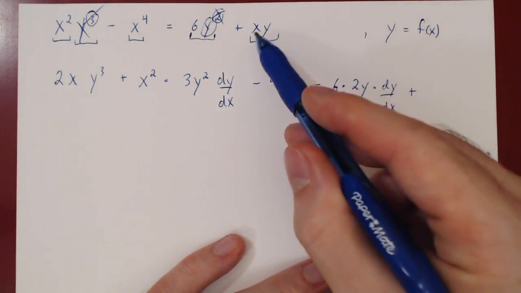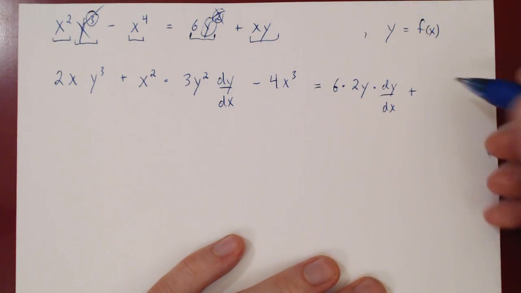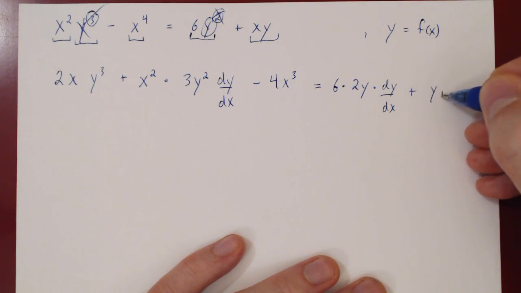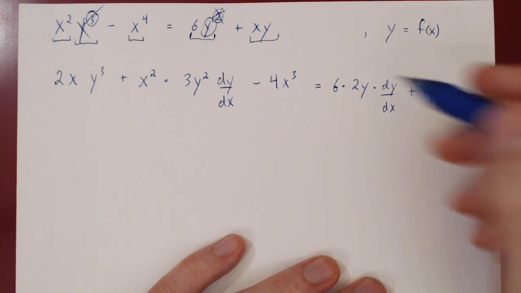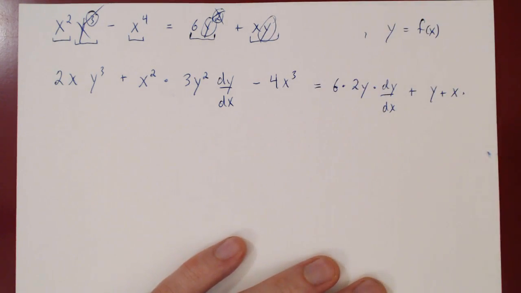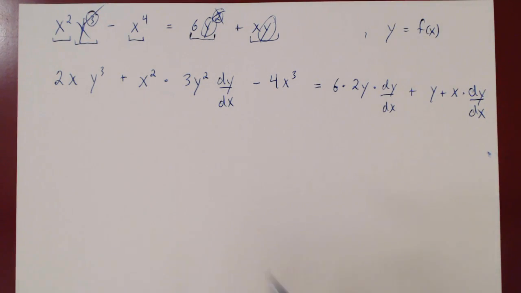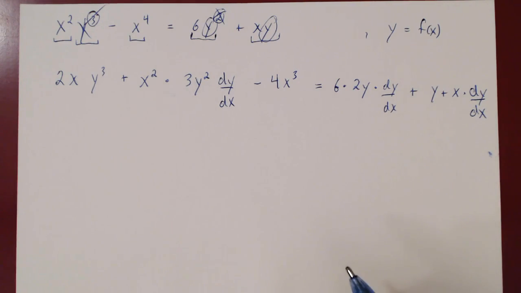Derivative of the first term, which is 1 times y, so it's just y, plus x times the derivative of the second term. It's a single y, so all we have is dy over dx. And now we have the derivative of both sides being equal. Let's, as always, put all the multiples of dy over dx on one side, and all the other terms on the other side, and then isolate dy over dx.